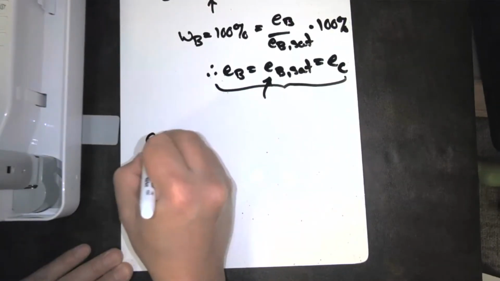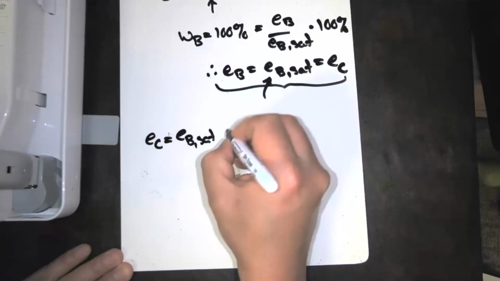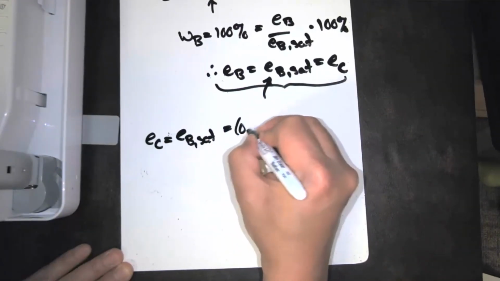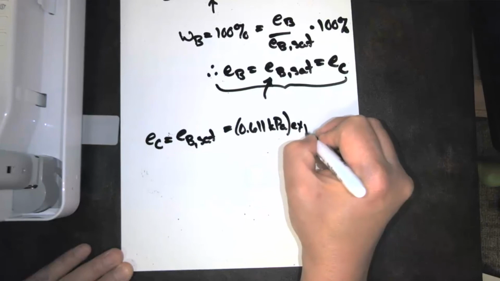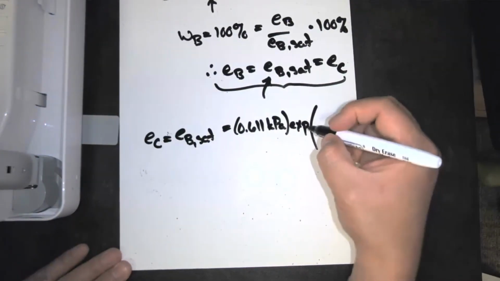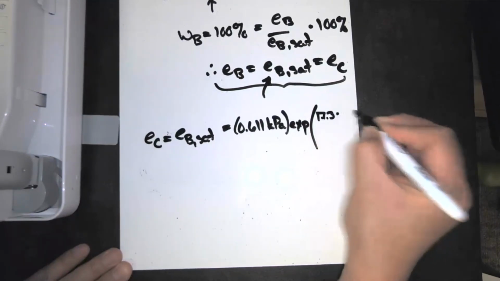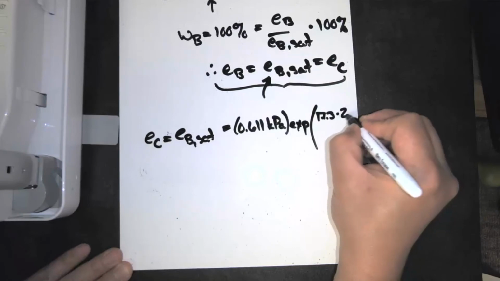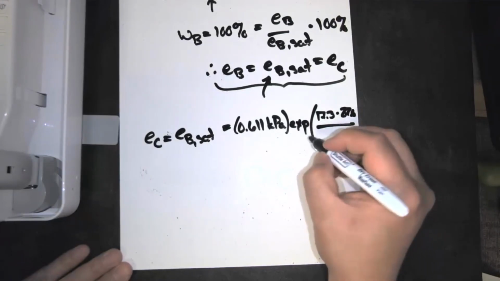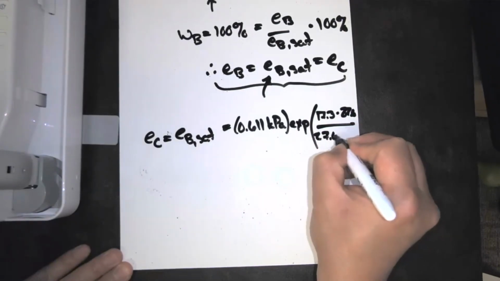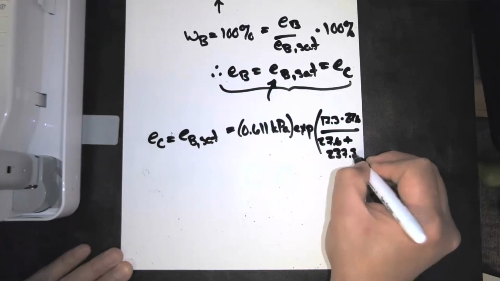Okay, so we could say E_C is equal to E_B sat, which is equal to our equation again, 0.611 kPa times the exponential of 17.3 times 27.6, and again, that's the number that we got from problem A, divided by 27.6 plus 237.3.